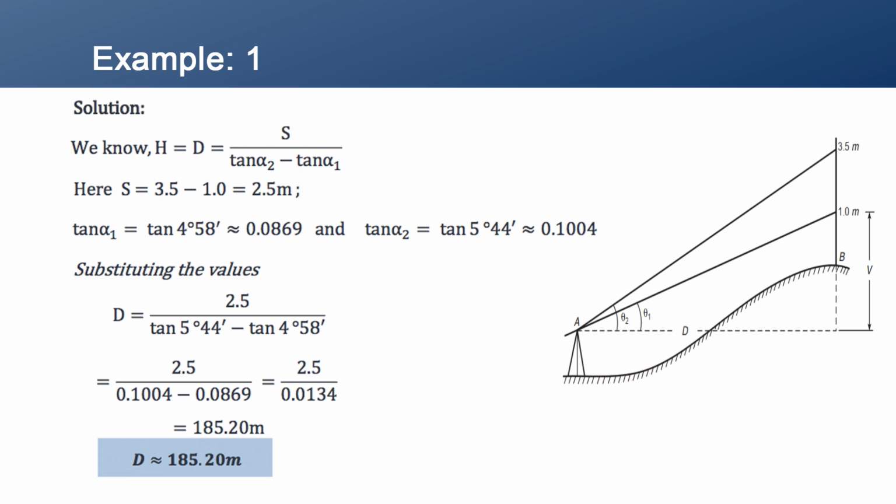So, substituting the values, we get h or d is equal to 2.5 divided by tan 5 degree 44 minutes minus tan 4 degree 58 minutes, which is equal to 2.5 divided by 0.0135, which gives the value 185.24 meter. That is, d is approximately 185.20 meter.